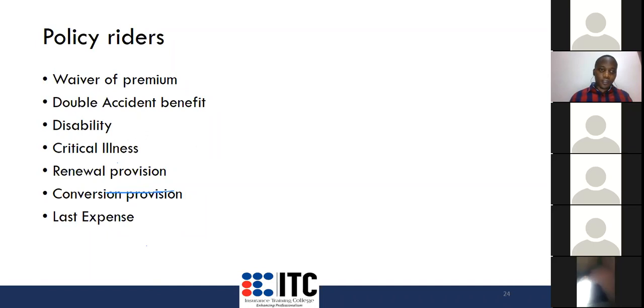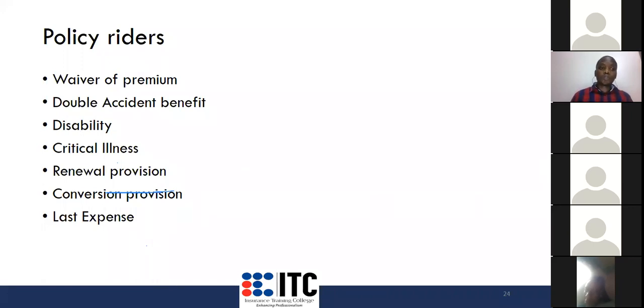And when we go to disability, this relates to what we described earlier. This is what we call permanent disability. It's a rider that pays out in the event of a disability. This is different from waiver of premium on disability. Waiver of premium waives the premium. This particular rider pays out a benefit on disability.